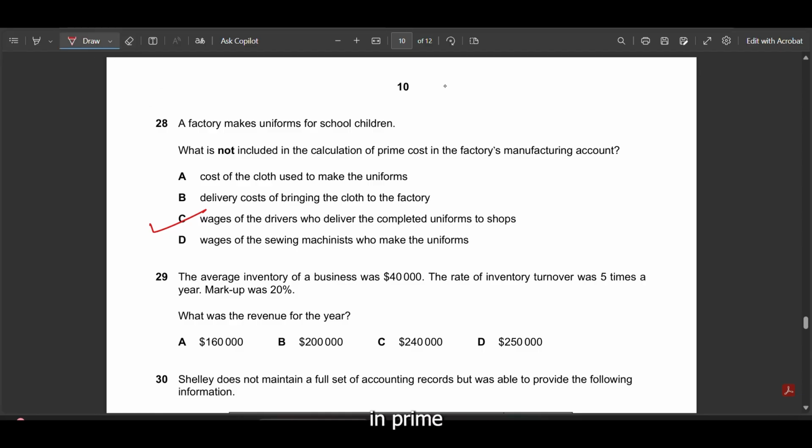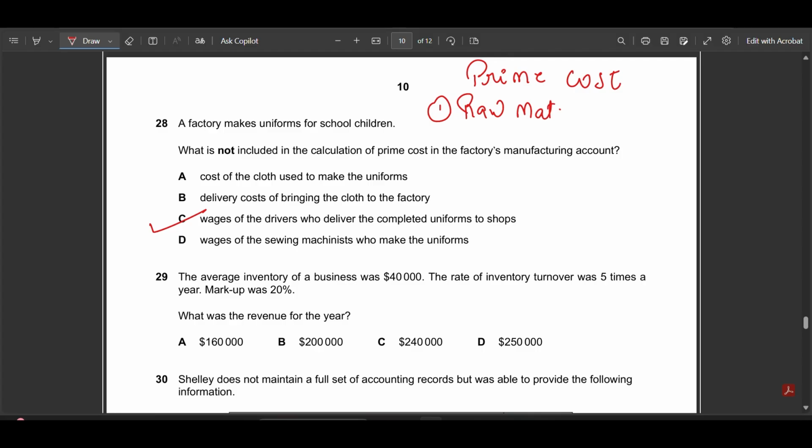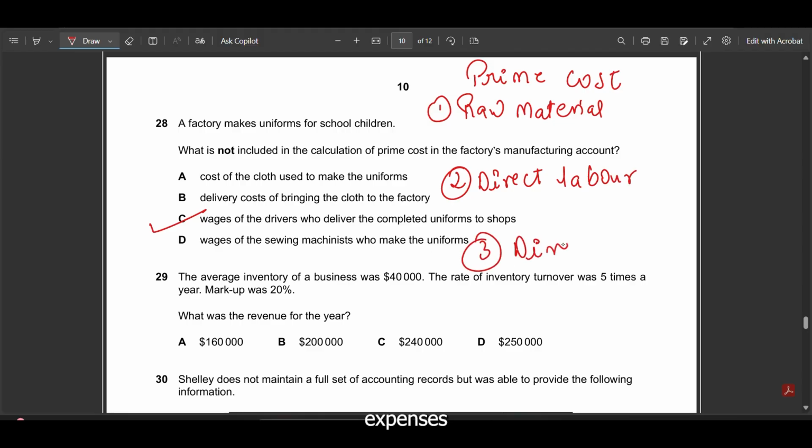Always remember, in prime cost we record three things. Prime cost is nothing but the direct expenses for your material, for your product. First would be raw material, second would be direct labor, and the third would be direct expenses.